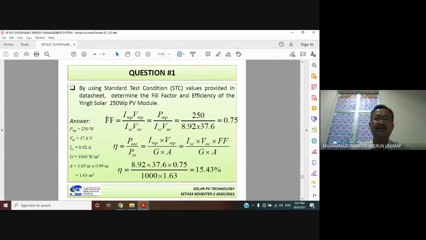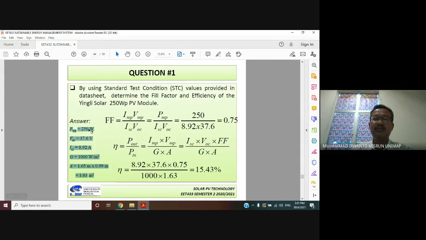Fill factor is equal to the maximum current multiplied by the voltage at the maximum power, over short circuit current multiplied by open circuit voltage, or power maximum over short circuit current multiplied by open circuit voltage.